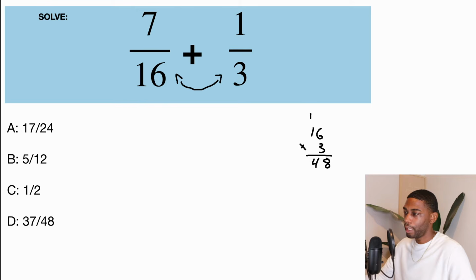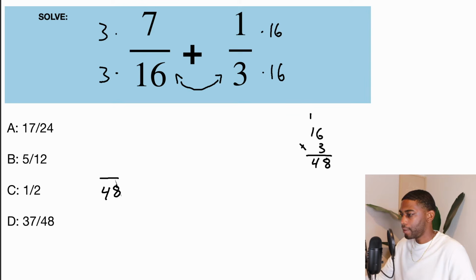So 48 would be our common denominator. What did we do? We multiplied this 16 by 3. So we have to multiply that 7 by 3 as well. And on this side, we multiplied this 3 by 16. So we also have to multiply the numerator by 16. All right. So our common denominator is 48.